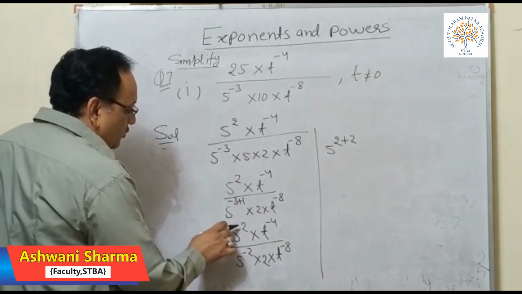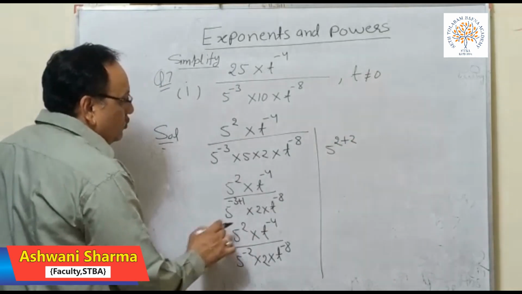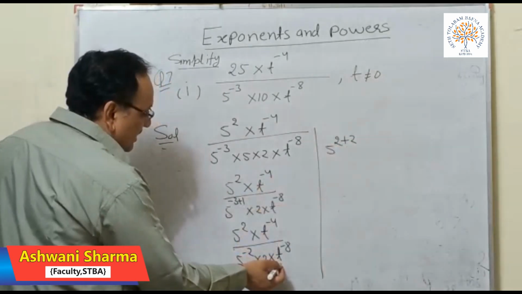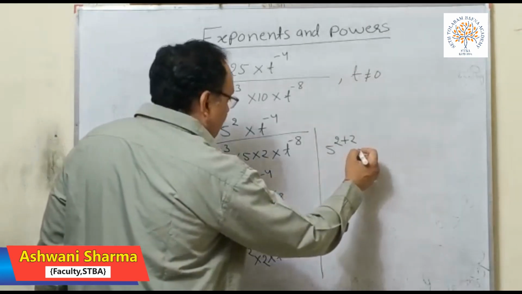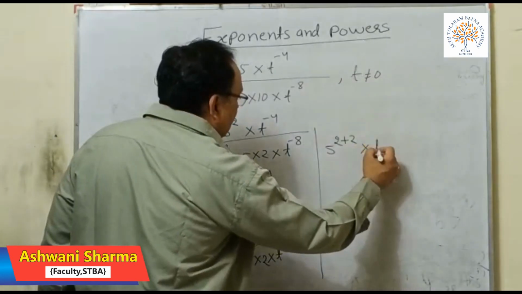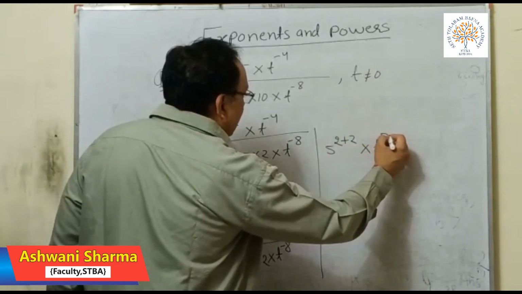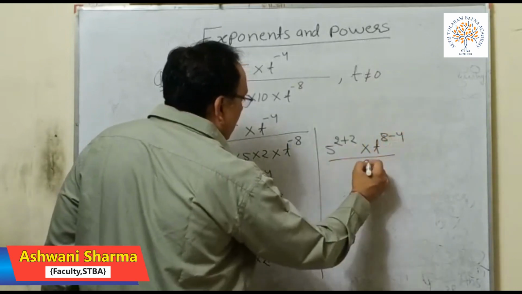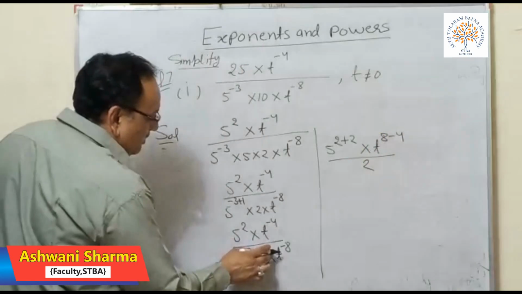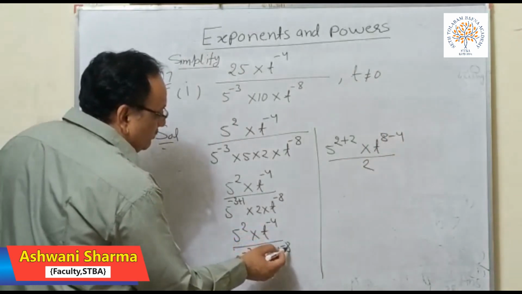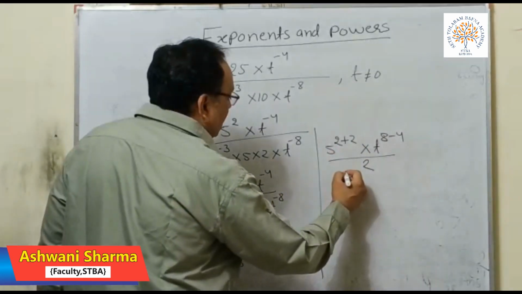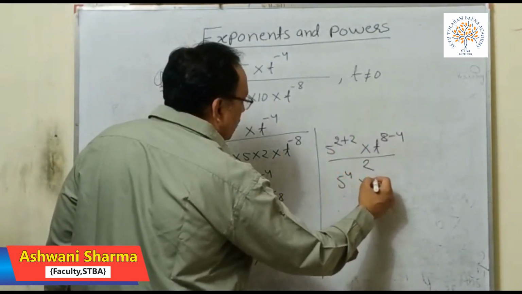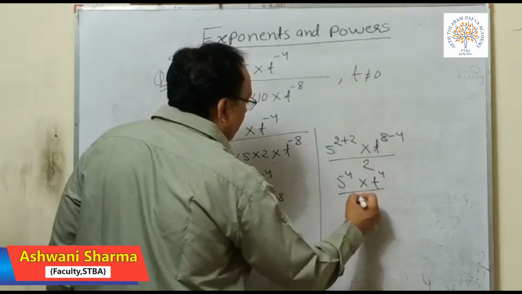Same here for t: when we bring it up, the bases are same, t raised to the power 8 minus 4 upon 2, because when we bring it up, the sign of the power will be plus. Now this is 5 raised to the power 4 into t raised to the power 4 upon 2.